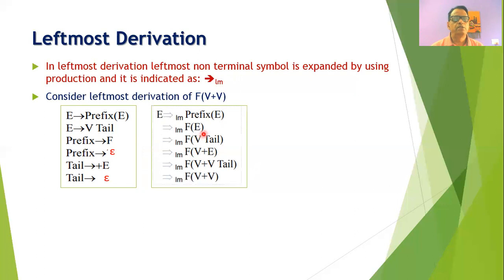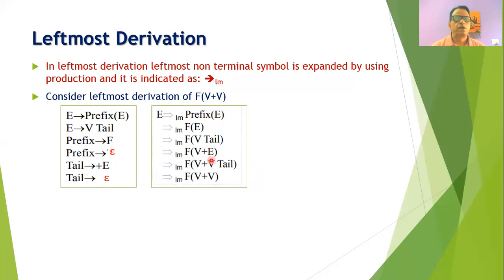Further, we replace this E by using the production rule E is defined as vtail. Then we replace this tail by using the production rule tail is defined as plus E, and therefore we get the string f(v+E).